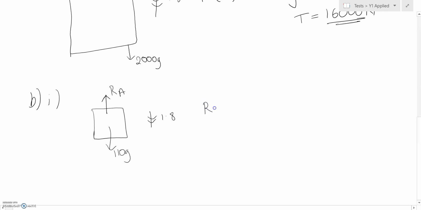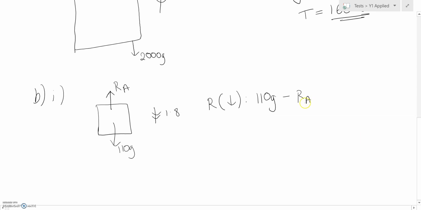So let's do the resultant. Again, let's take downwards as positive. There's 110 G going down, that's the weight component. Take away RA, which is how much box B is pushing box A up, and that's equal to mass times acceleration. This is using F equals ma again, and this side is our net force.